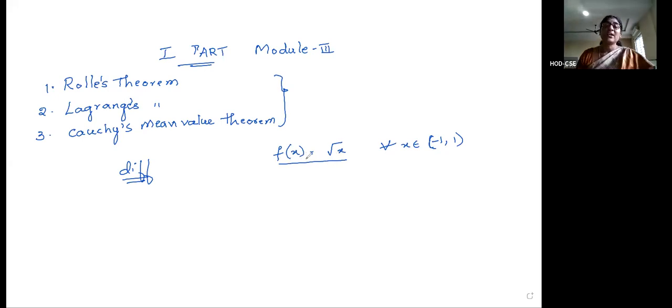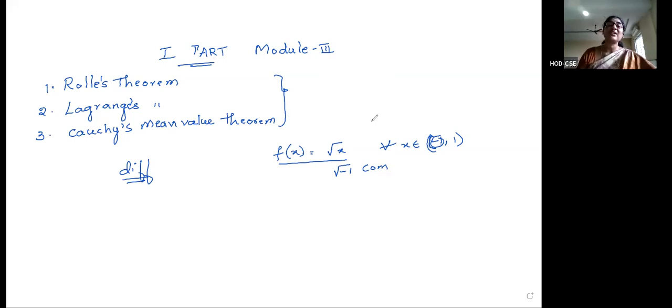Right now, continuous. For all the values between -1 to 1, these are all real numbers. We don't have any complex numbers here, isn't it? As I'm taking an open interval, I'll remove this -1, because -1 is not acceptable; if you substitute -1, we get a complex number, so this function is not applicable on the real numbers.